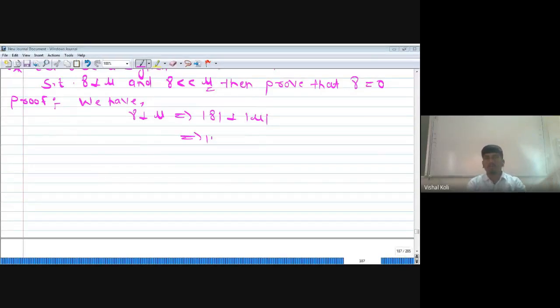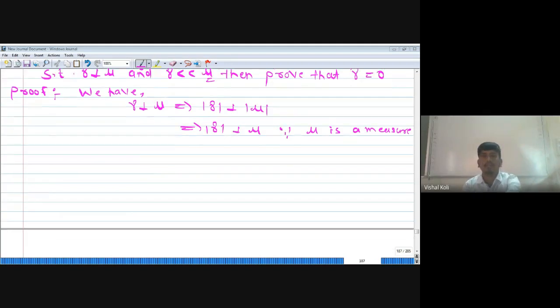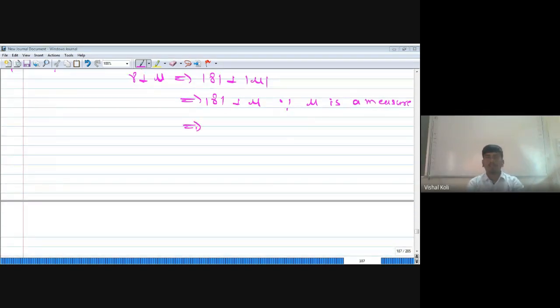It implies the total variation of gamma is mutually singular with mu, since mu is a measure. Okay, but the total variation of gamma is nothing but gamma plus plus gamma minus, which is mutually singular with mu.